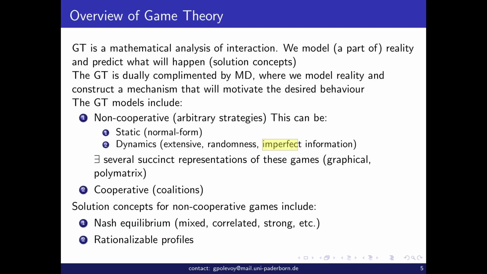And also, by allowing us to model information, we can model perfect information, when every player knows what has happened till any action of that player, and imperfect information, when I know that I am in one of a set of states, which is called the information set, and I don't exactly know in which state I am.